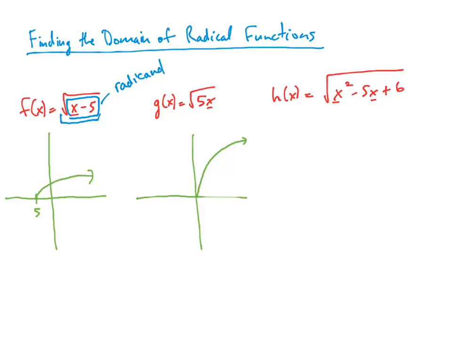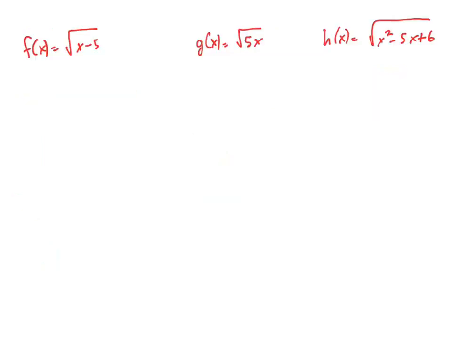And if you think about this, looking at these first two graphs, these graphs only have y values that are positive. So the output for this function is always a positive value, or it's equal to 0 because these graphs are hitting the x-axis. So what we want to do is take the radicand expression and figure out when that is greater than or equal to 0.